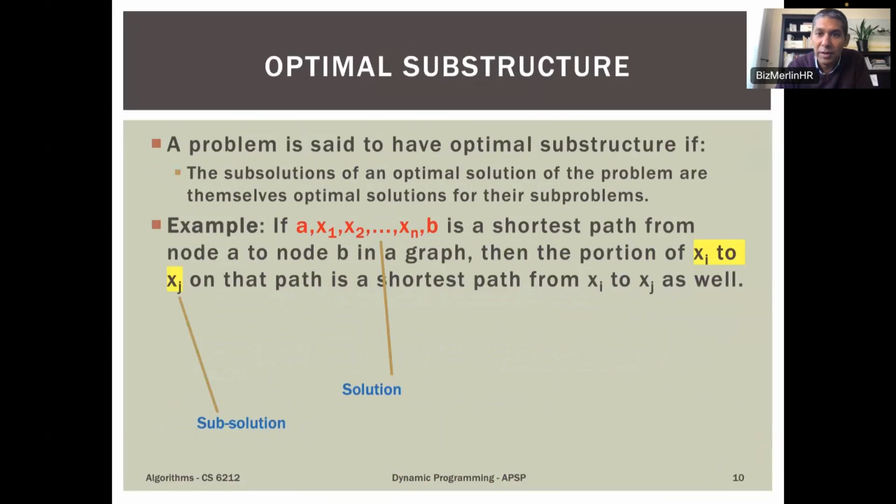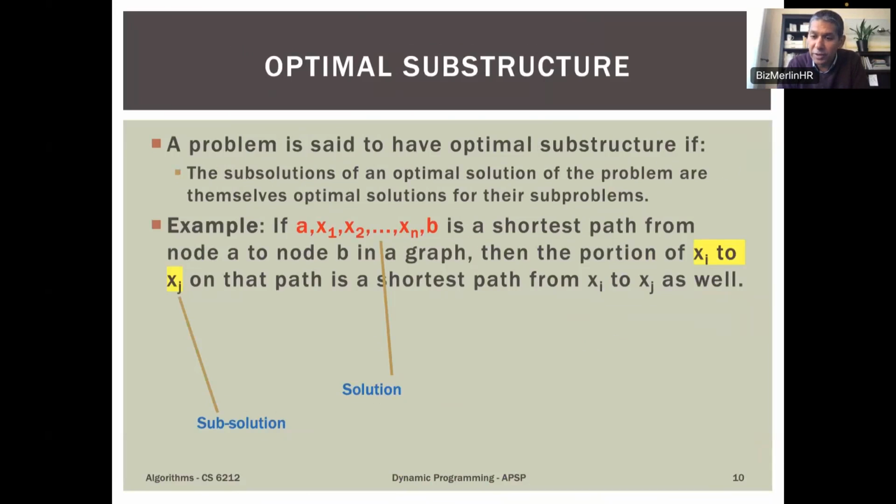Specifically, this is the definition of principle of optimality, optimal substructure: if you have a shortest path from A to B in a graph, then the portion from xi to xj must be the shortest path as well. So in this case, the path A through B is represented as a solution, and the path from xi to xj is represented as a subsolution.